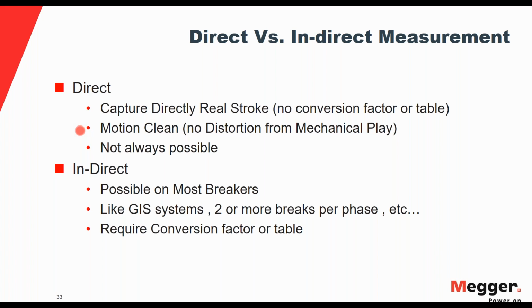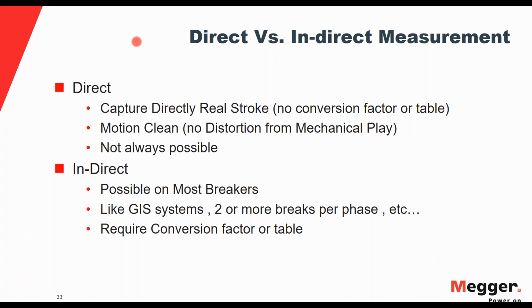So that's why we refer to indirect measurements, as it is possible on most circuit breakers, but it will require you to have a factor, or in many cases a table, even a full table, and I will explain the difference between them, to be able to convert from this indirect measurement to directly what is the measurement of the actual contact movement.